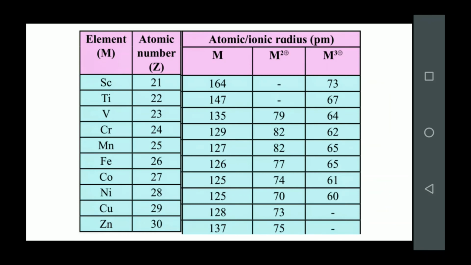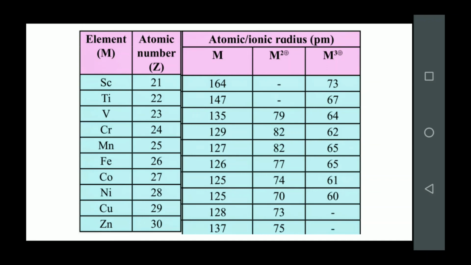Now here I have shown what? When you go from up to down, this is your series, scandium to zinc. Here the atomic radii as well as the ionic radii in +2 and +3 states are mentioned. Let's see from vanadium, because scandium shows only one oxidation state, and titanium does not show the +2 oxidation state.